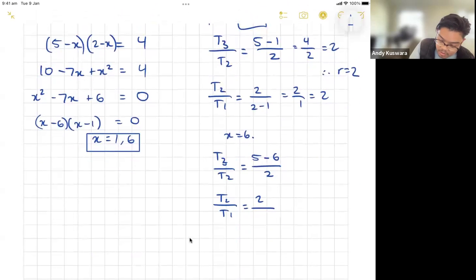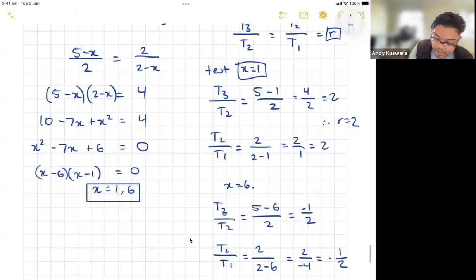So it'll be 2 minus, what did I say x was? 6. So let's just double check. Does this one work? T3 on T2 becomes minus 1 on 2, whereas this one here becomes 2 on minus 4, which also becomes minus half.